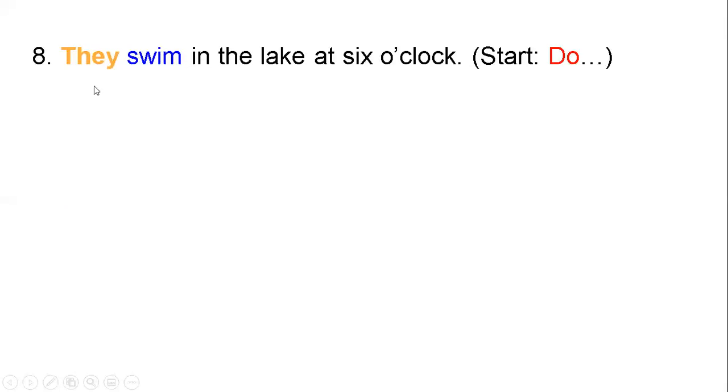They. Or instead of "they," we could say the boys, the girls, or the men, the women, or names of people could be used. Okay? So, if it's more than one person, like this, you have to start with "do," not "does." Because if you use "does," it will be wrong English. So "do."